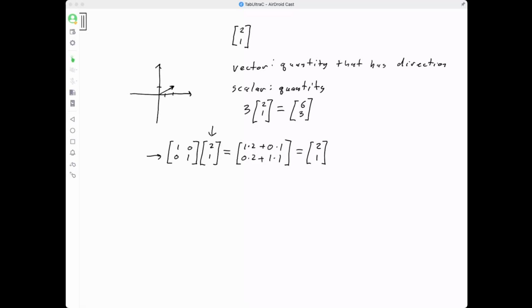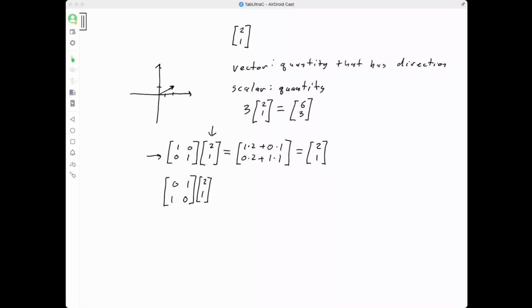We will talk a lot more about that in a few days, a few weeks maybe. But different matrices are going to do different things to the vectors. So like a matrix 0, 1, 1, 0 times 2, 1.